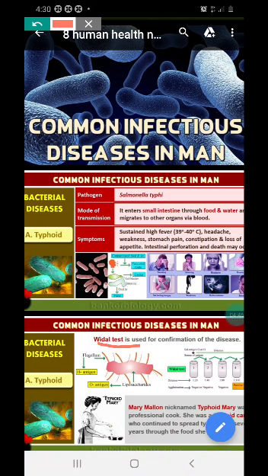She was nicknamed Typhoid Mary because she had transmitted the disease to many persons around her through the food she prepared. And she herself was not infected, that's the case. So she was called Mary Mallon or Typhoid Mary.